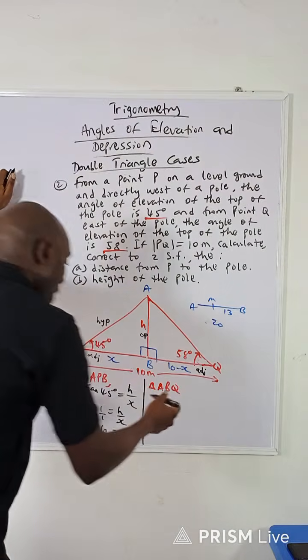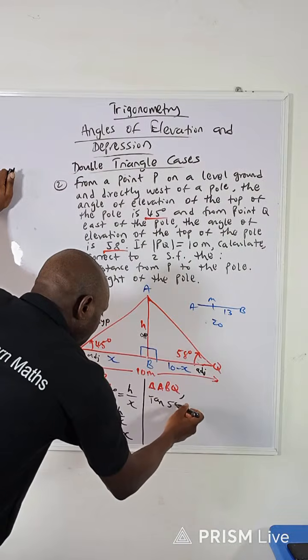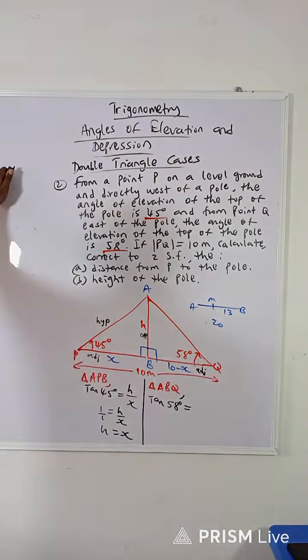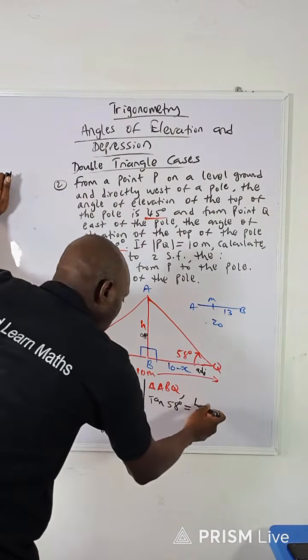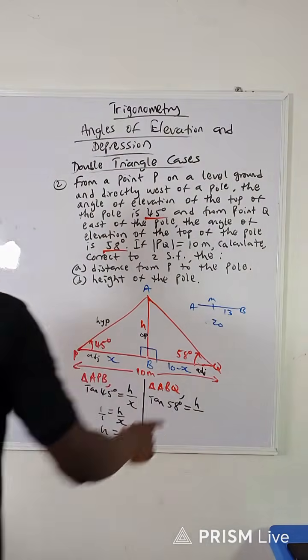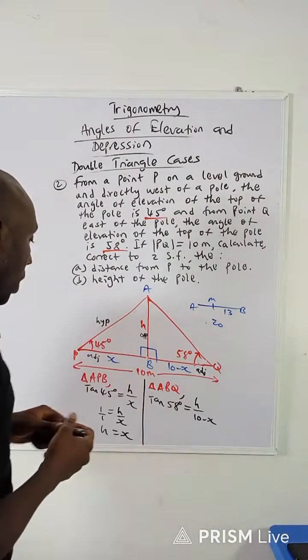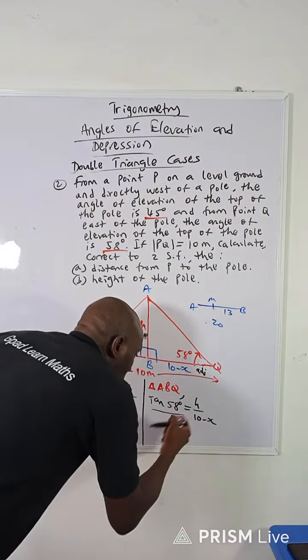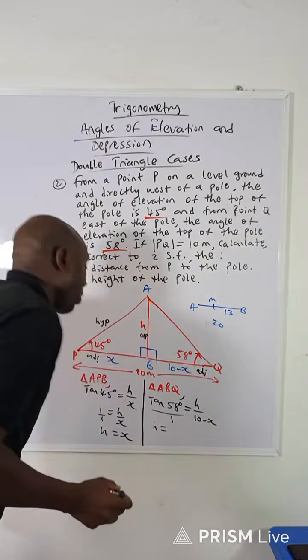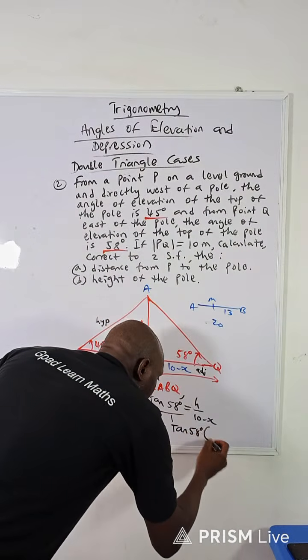So we're still using tan. That will be what? Tan. What's the angle? 58 degrees is equal to what? Opposite H over what? H over the adjacent, 10 minus X. Are you seeing that? So we can write over 1 here and cross multiply. 1 times H is H, and that is equal to what? Tan 58 degrees bracket 10 minus X.